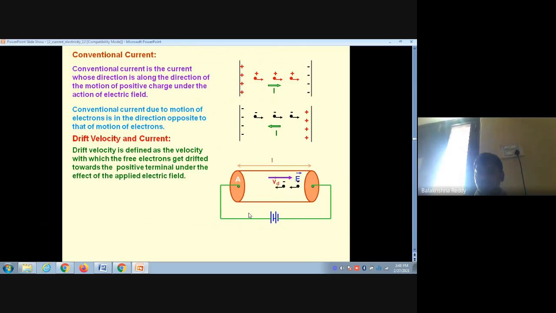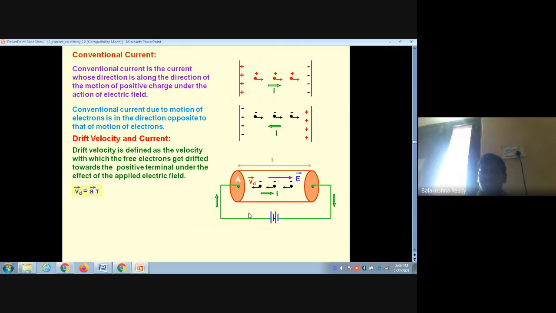So, the drift of electrons, you can see. The velocity with which the free electrons get drifted from negative terminal to positive terminal, opposite to the current direction, is called drift velocity. Under the applied electric field it gets pushed by the potential difference.